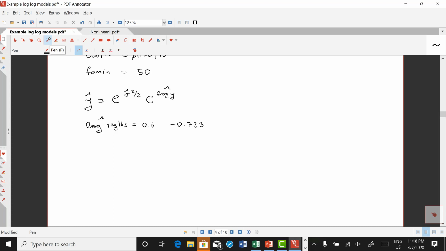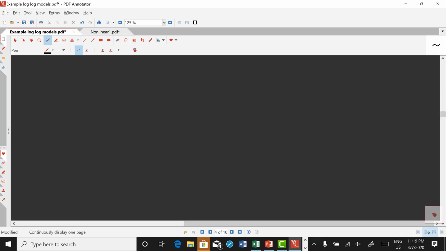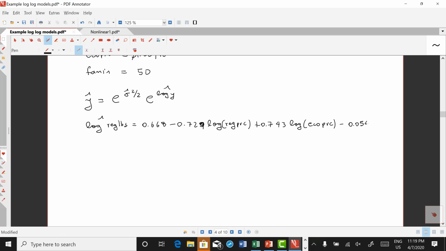Okay, so it's going to be 0.668 minus 0.729, and that's the log of regular price, plus 0.743, that's the log of eco price, and minus 0.054 times the log of family income.